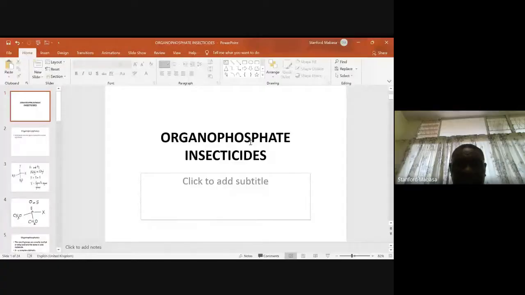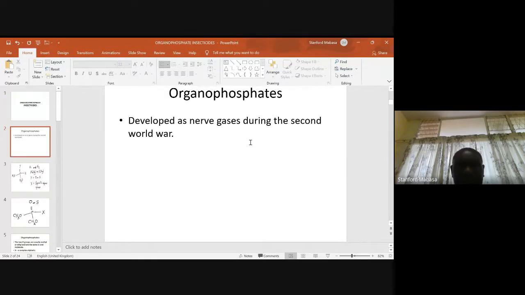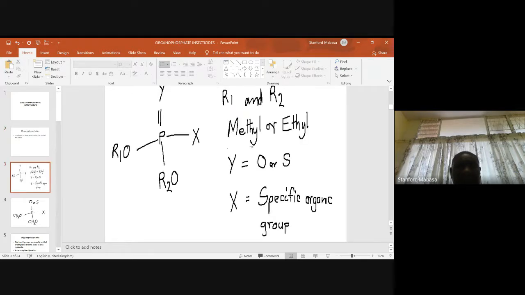So I will just highlight a few things concerning organophosphate insecticides. Now, organophosphates were developed as nerve gases during the Second World War. I've talked about this. This is the structure of the organophosphate.